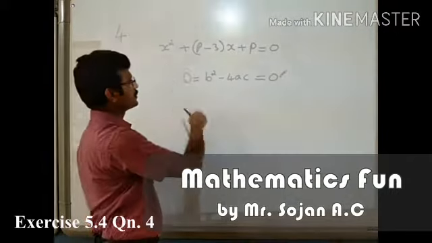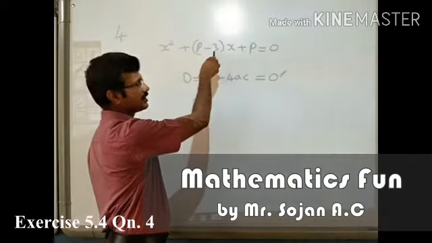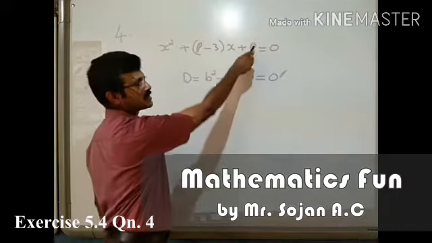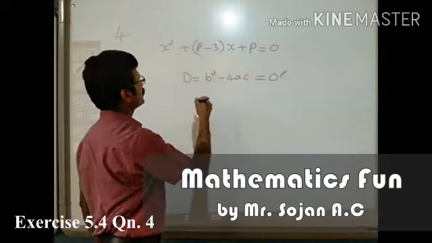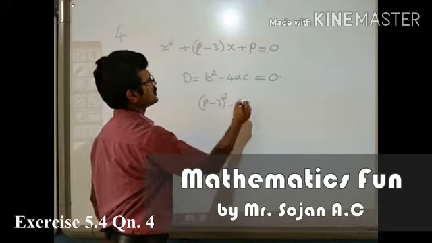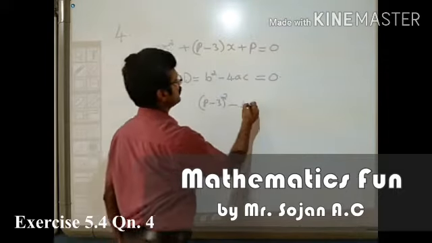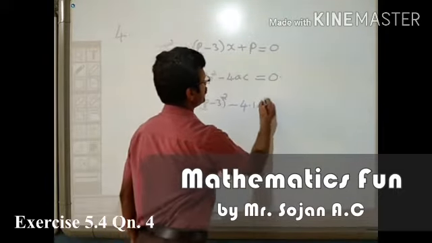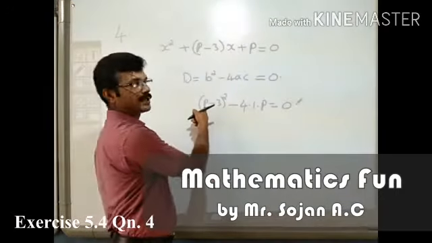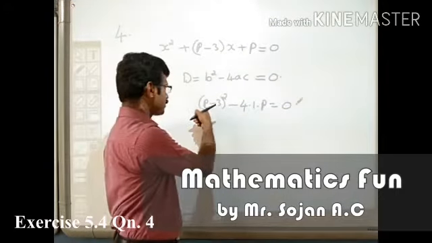Here I will substitute the value of b is p minus 3, a is 1 and c is p. So (p minus 3) whole square minus 4 into a is 1 into c is p is equal to 0. Now simplifying, I have used the formula (a minus b) whole square.